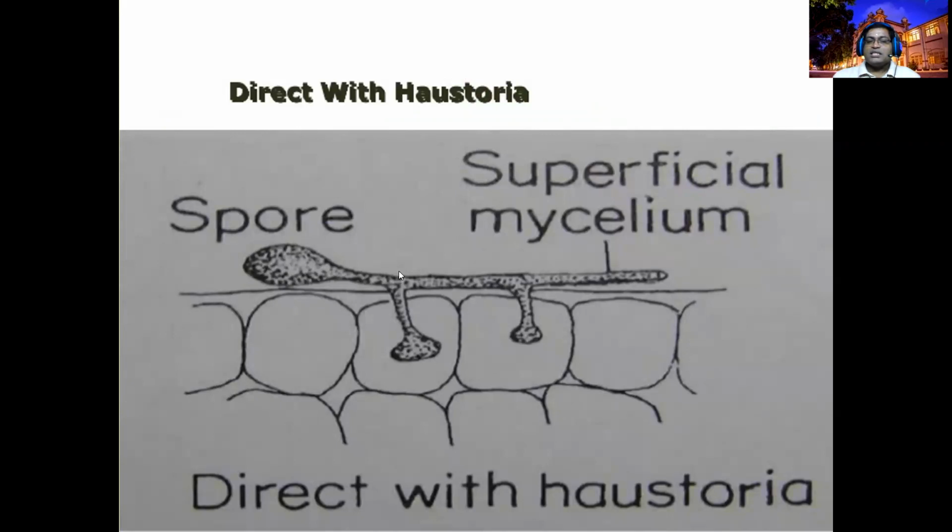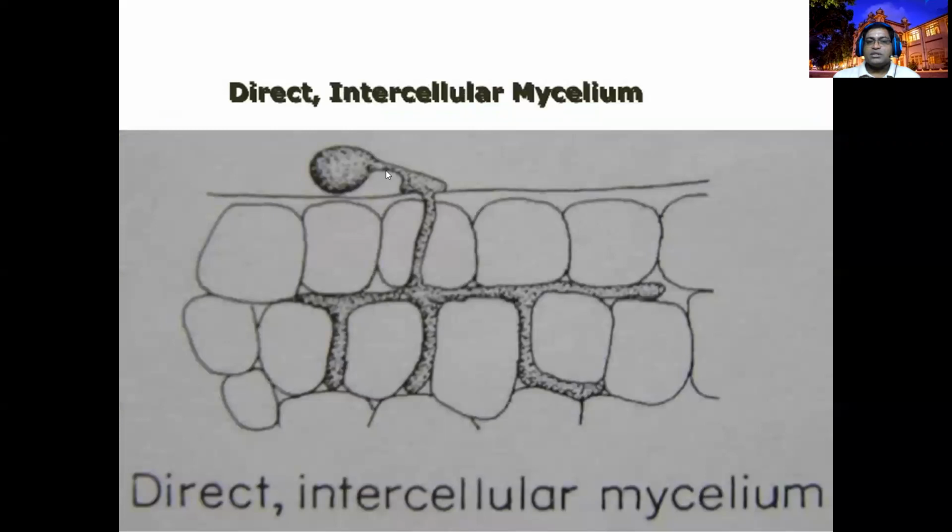So once the germ tube is growing and reaches the host surface, it produces a structure we call an appressorium. This is a broad structure that acts as a suction pad to trap the host. At the end of this appressorium, it produces a penetration peg. It's a very sharp needle structure.